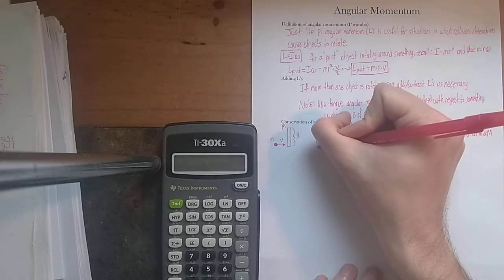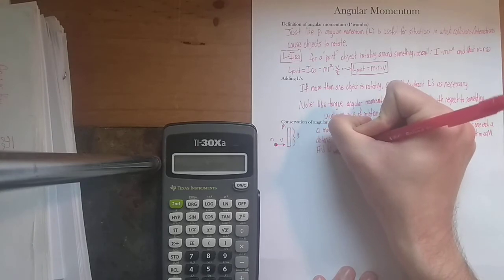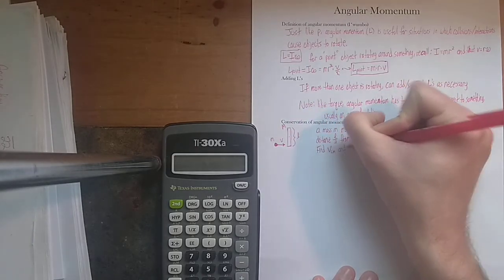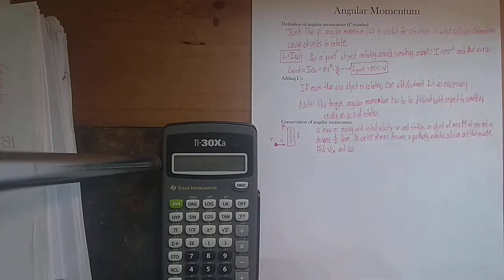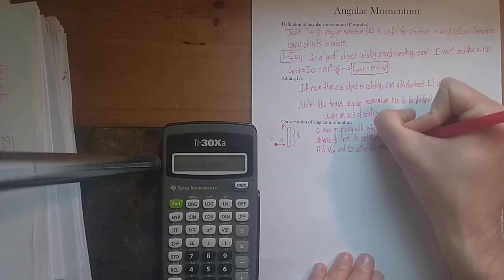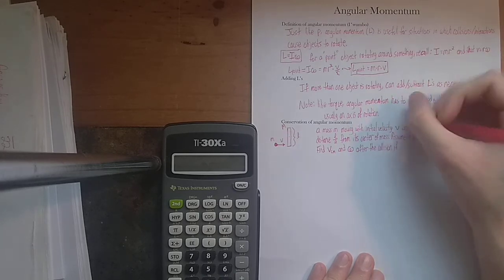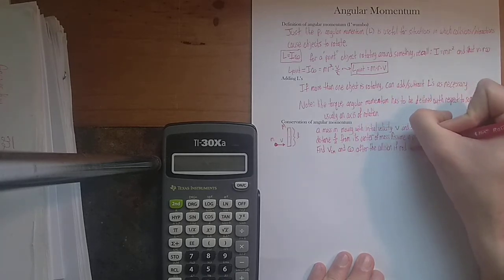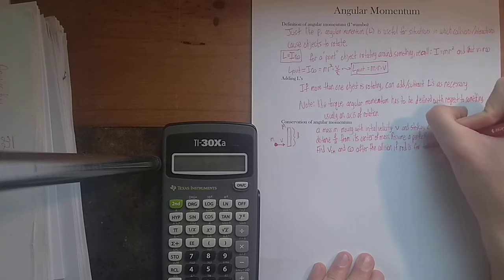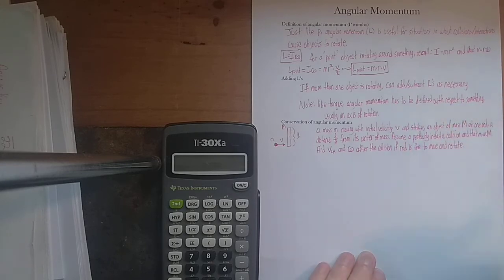And we want to find the velocity of the center of mass and the angular speed, the angular velocity after the collision. We're going to put in here, if the rod is free to move and rotate. That's how it would be phrased.